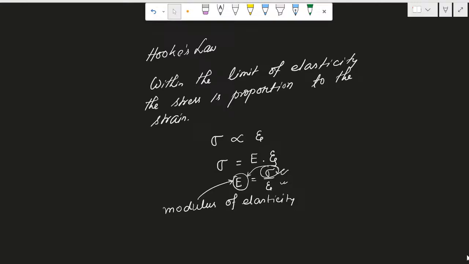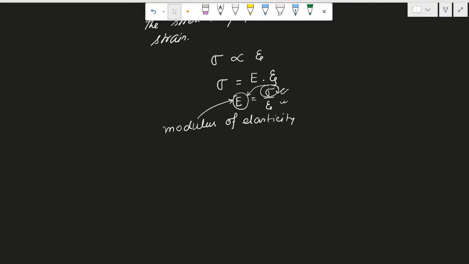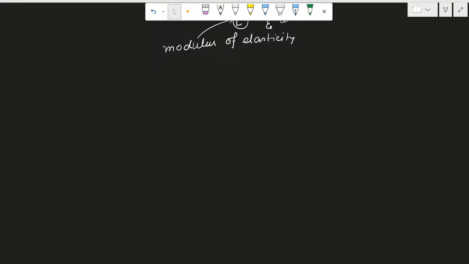Now this modulus of elasticity is not the sole modulus that is there in this chapter. We have different moduli also. There are generally three types of modulus of elasticity.